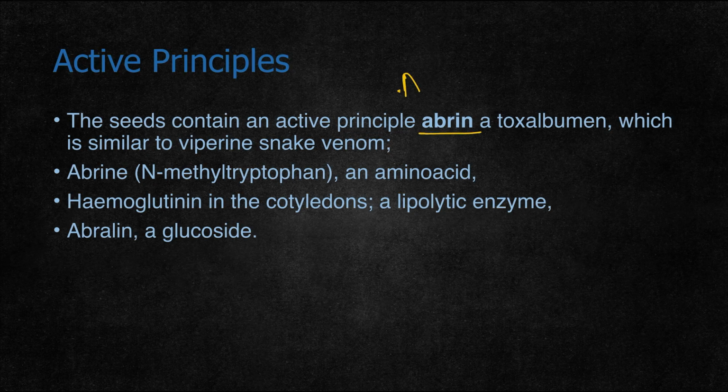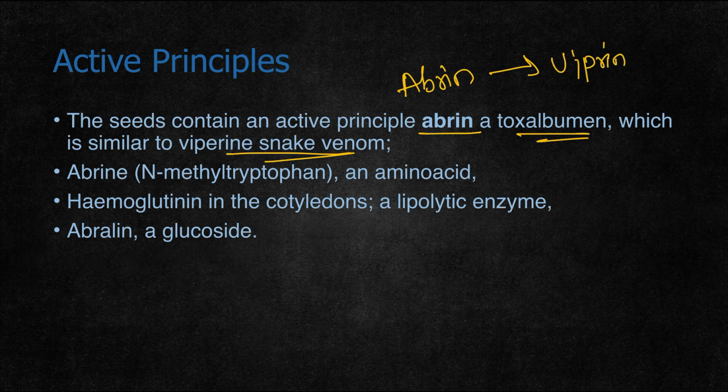Abrin is the active principle in Abrus, and it is a toxalbumin, similar to viper snake venom. The signs and symptoms are also similar to viper snake bite. It also contains abrine, which is an amino acid, N-methyl tryptophan.